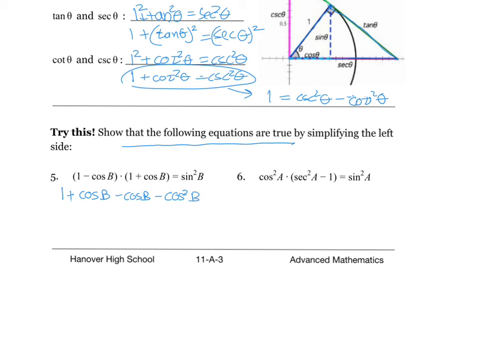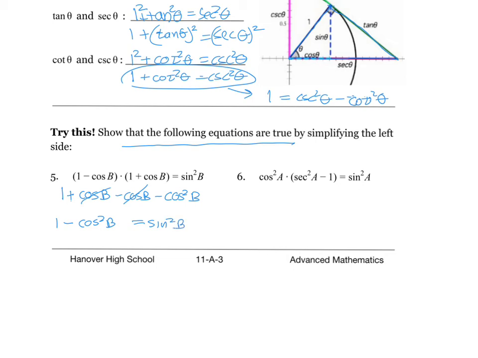So this is the left-hand side of the equation that I've rewritten. And it doesn't look any simpler. However, cosine of b minus cosine of b, those two cancel each other, and we get 1 plus... No, we don't get 1 plus. We get 1 minus cosine squared b. And the question is, is that equal to sine squared b?